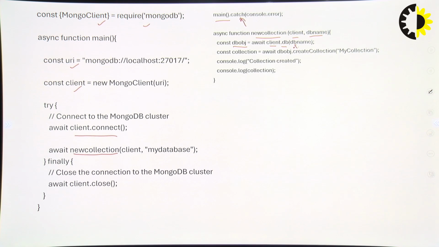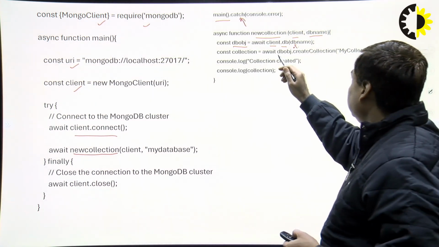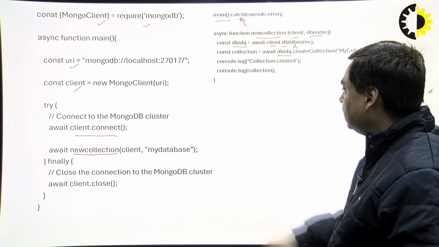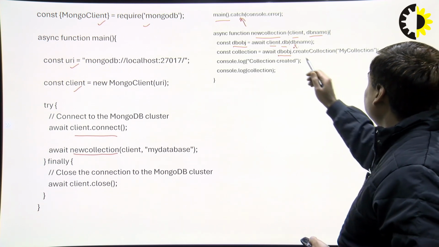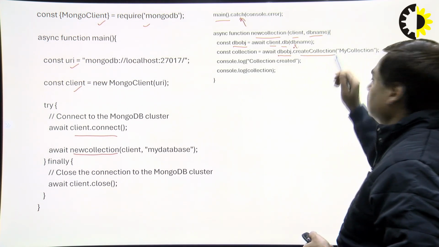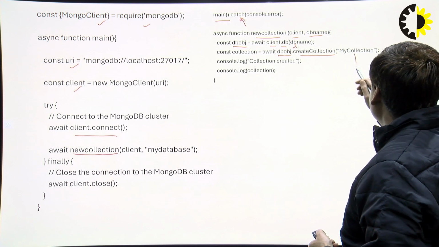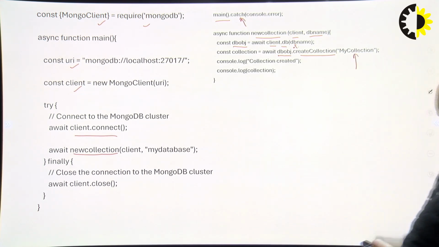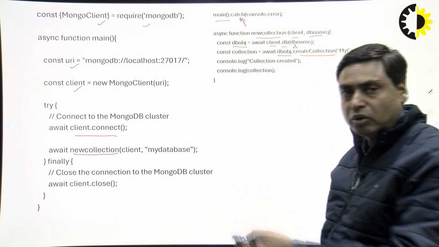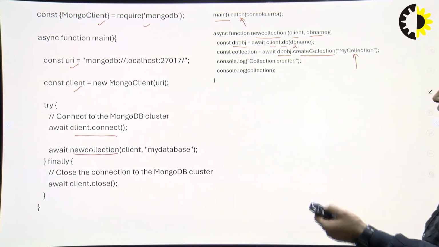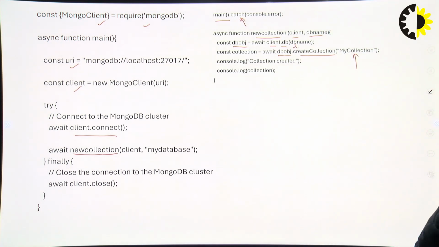Next, in this database, we are going to create a collection. The db object consists of the database my database; basically it is the instance of my database. Then we are using the method createCollection, and the name of the collection is my collection. So my collection is created in the database my database, which we have already created and discussed in the previous example.